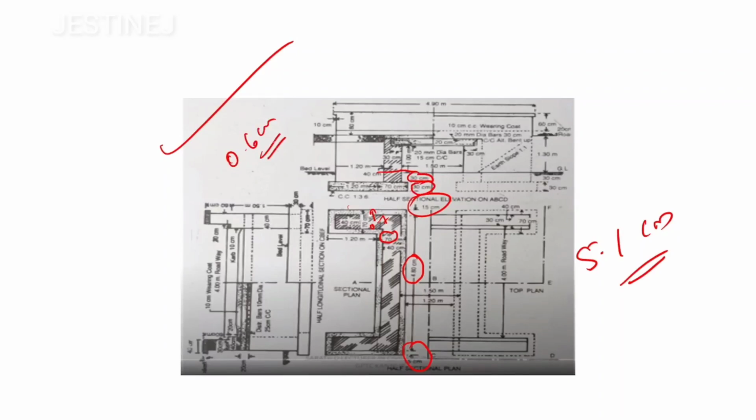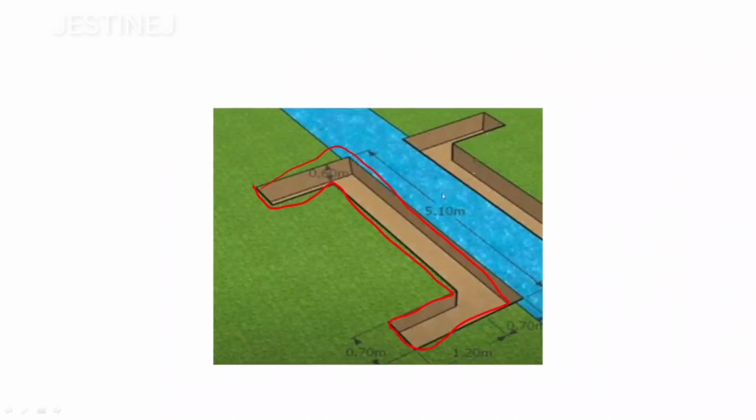So this 5.1 is written here, the lengthwise. The height is taken as 0.6 meter, the width is taken as 0.7 meter, and this dimension is taken as 1.2 meter.